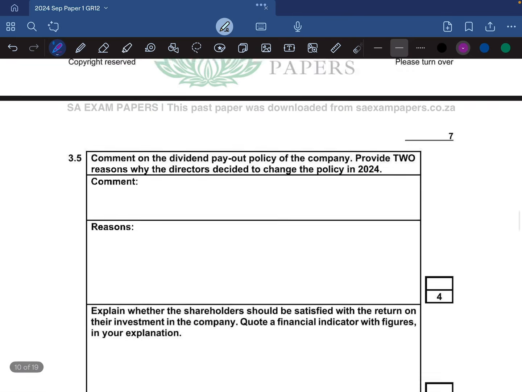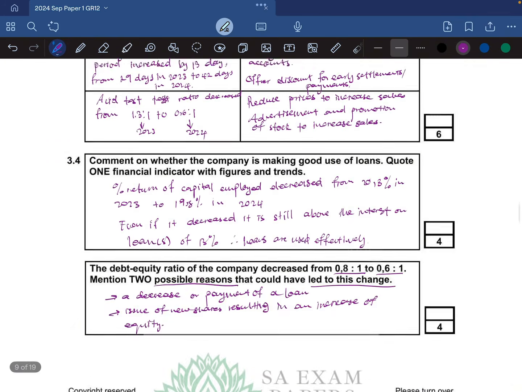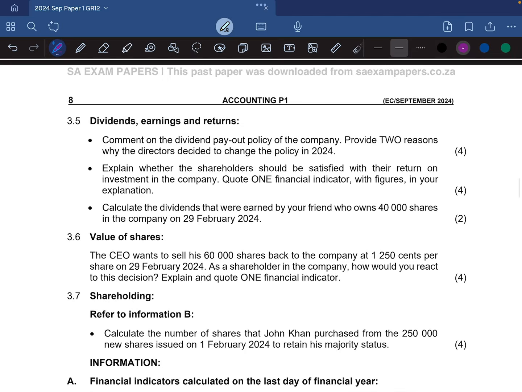And then just quickly moving to 3.5. The question says dividends, earnings, and returns. The first bullet point says comment on the dividend payout policy of the company.